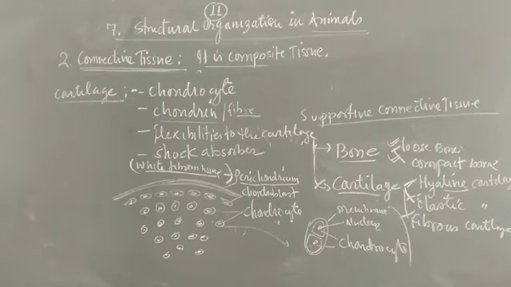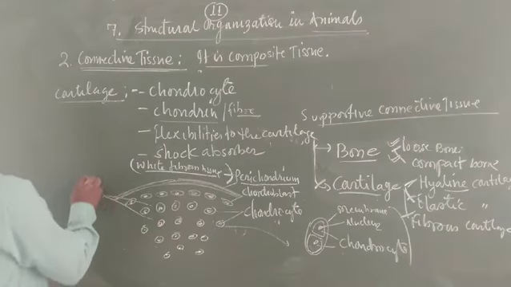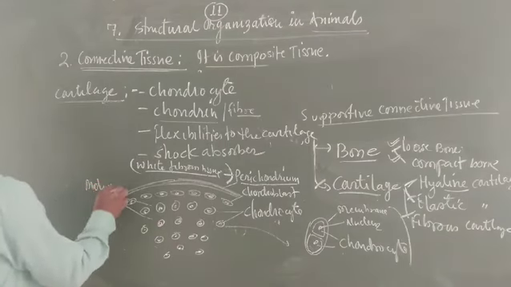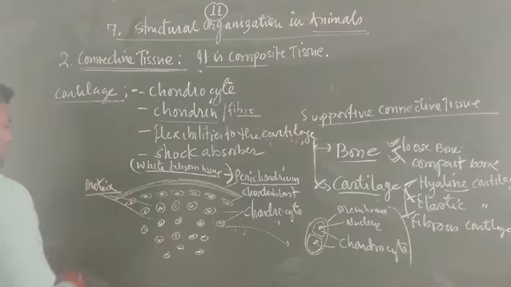What white fibrous tissue is, you have learned earlier already. The next layer after the perichondrium is called chondroblast. This is a chondroblast cell. The next one after that is called chondrocyte, and it is present in the matrix region. This is the matrix region where the chondrocyte is present, and this chondrocyte is the cell of the cartilage.